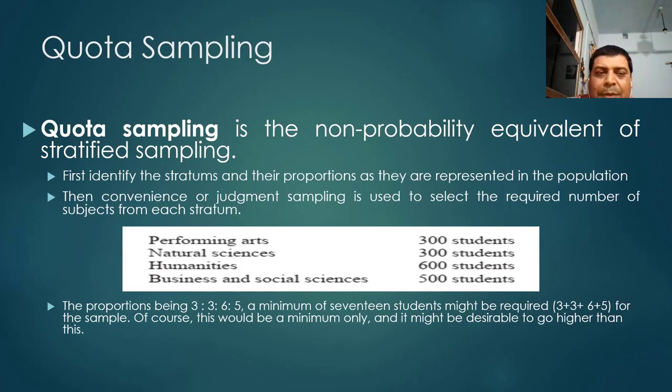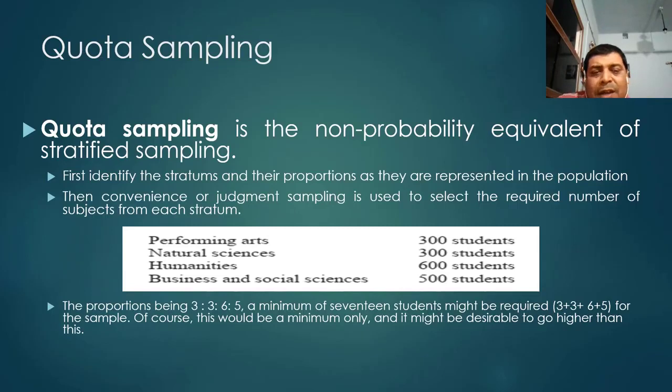Next one is quota sampling. Quota sampling is also a non-probability sampling, equivalent to stratified sampling. Why is it simply representing stratified sampling? When we are going to conduct a qualitative study on a heterogeneous population and we want representatives from each group, then we go for quota sampling.